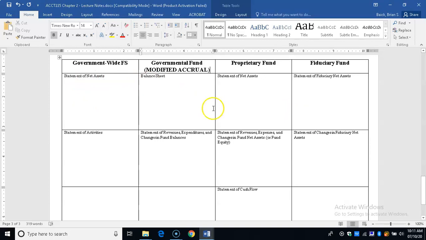Now, let's talk about these different financial statements. There's an example of each financial statement in your textbook, so you can take a look at that. But I want to point out a couple things. Statement of net assets, that's also basically a balance sheet.